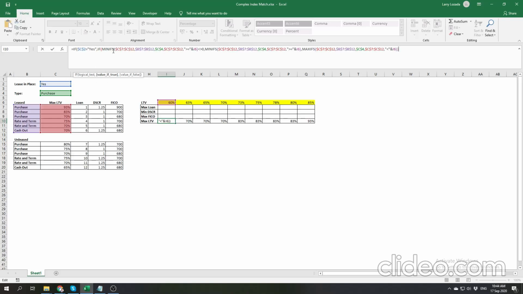If that is yes, this would be the formula. And if it's a no, paste the formula and edit it. Okay, so if it is a no, we'll be using this range instead of this range. So we have to edit the formula. So instead of T7, we'll be using T15 to T21.